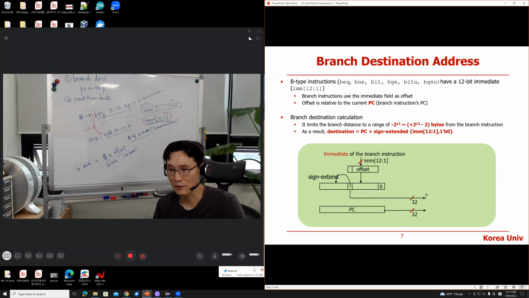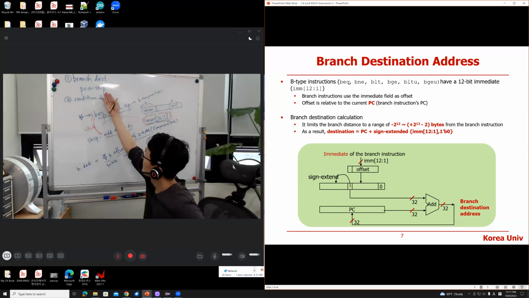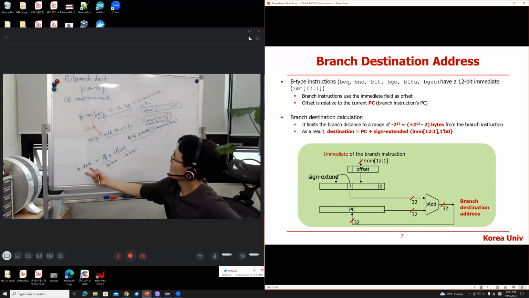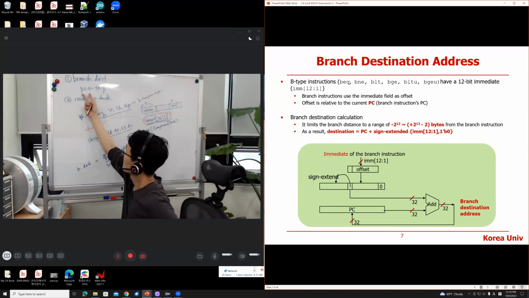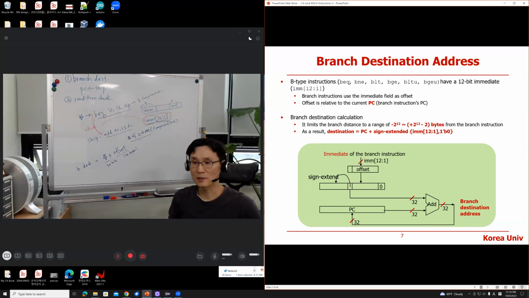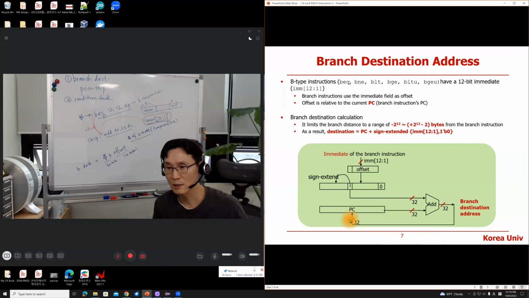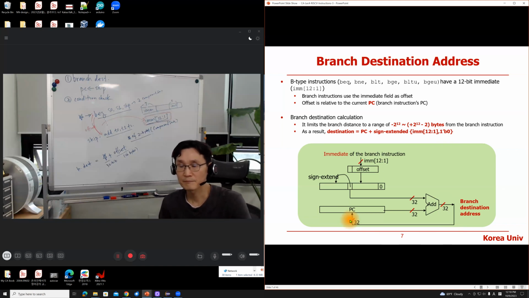You need an adder, and then the output, the branch destination, will update the program counter depending on the condition. In this example, it is just updating the program counter, but you have to check the condition as well. Okay, this is the logic you have to design inside the CPU.